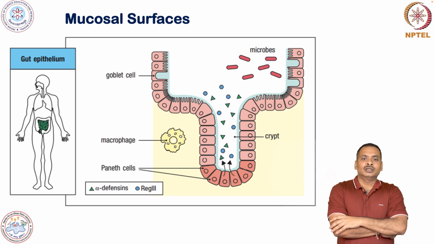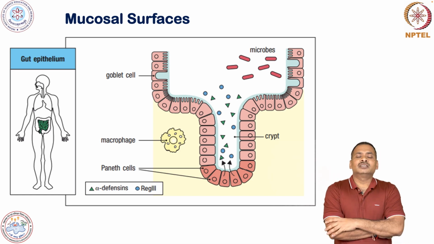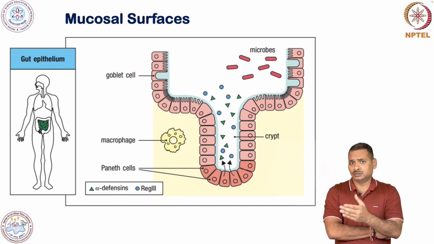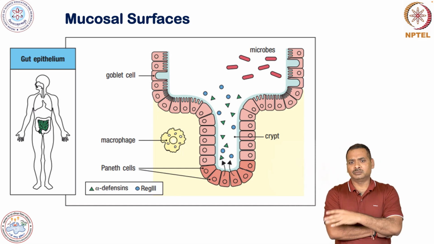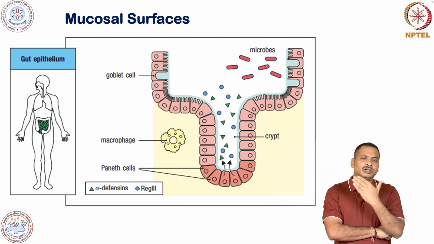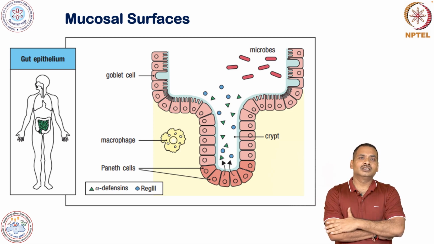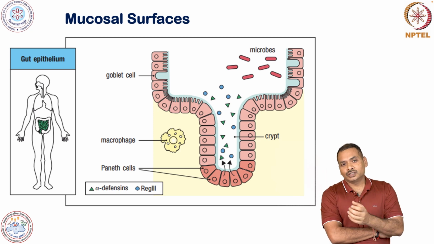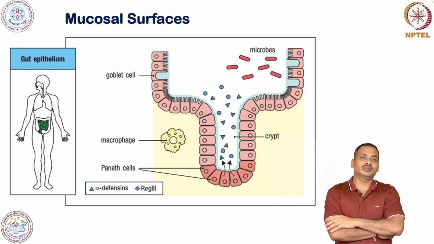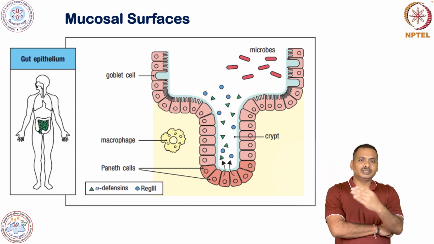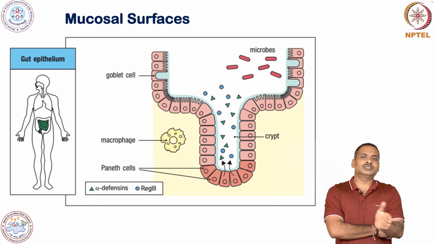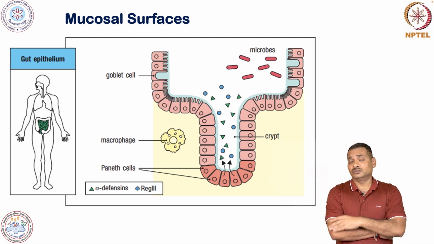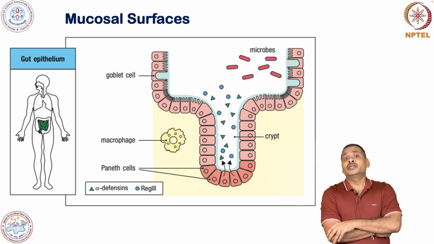And if it does attach, then it will be taken to the lymphoid tissue, which is present just beneath. You probably remember there are Peyer's patches and lamina propria. Over there is lymphoid tissue, and it will be taken care of by that. So the mucosal surfaces are also protected by a variety of microbes.